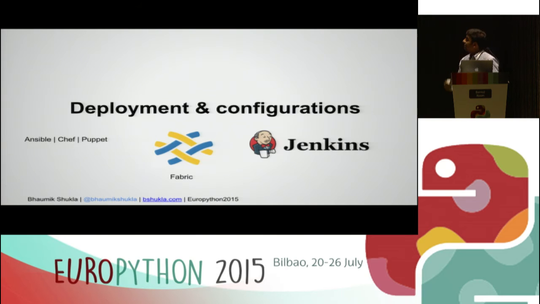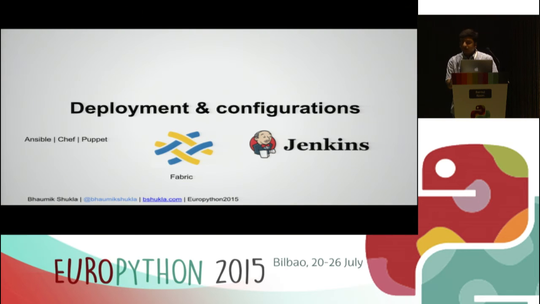It has good SSH-based remote accessibility, and Ansible, Chef, and Puppet can be used for configuration management. Deployment should be automated, not manual. So Jenkins is there. Jenkins will do all the automatic deployment initiation.